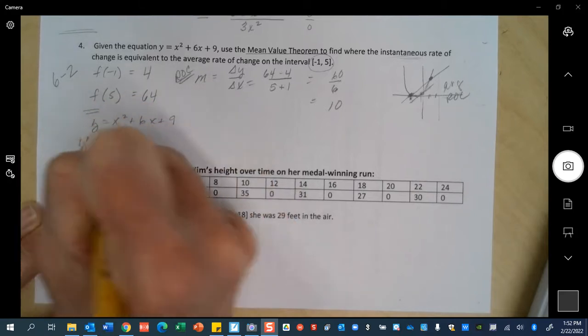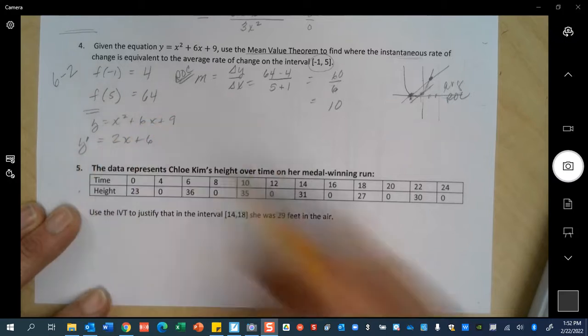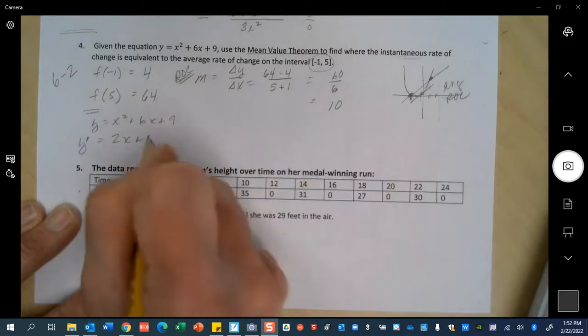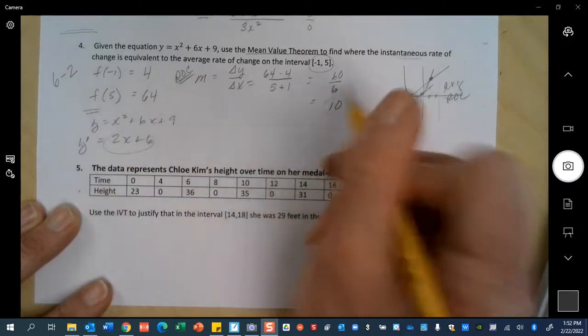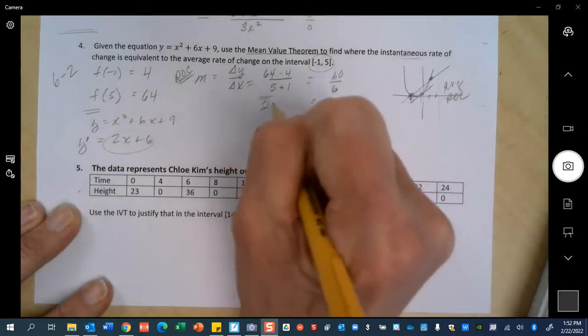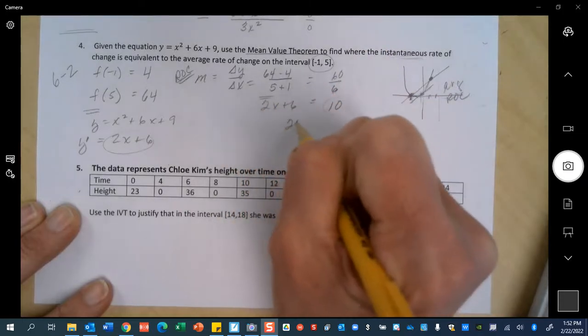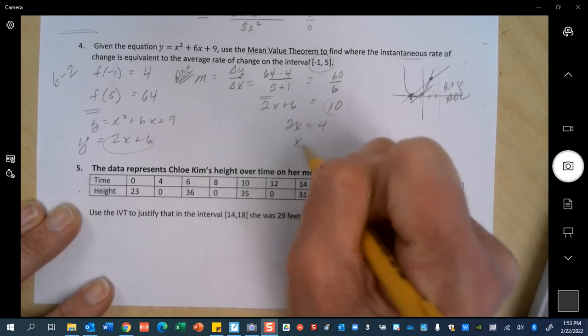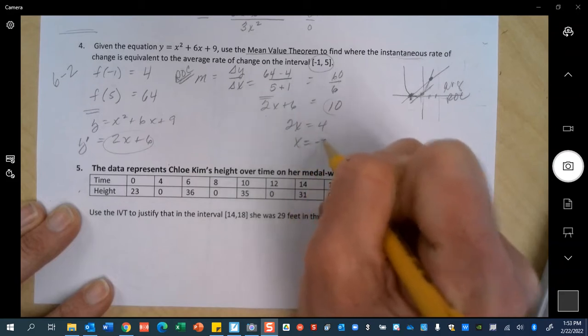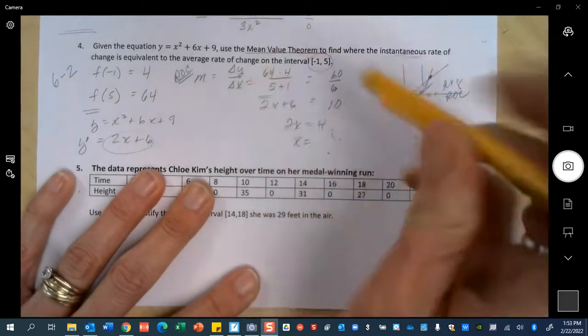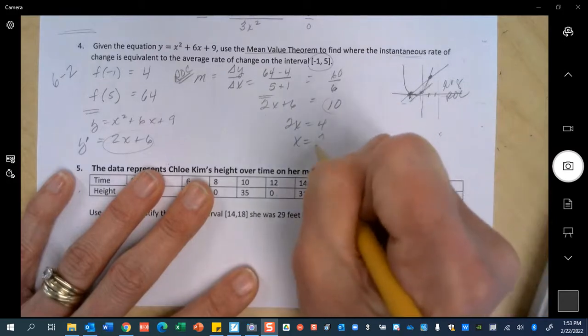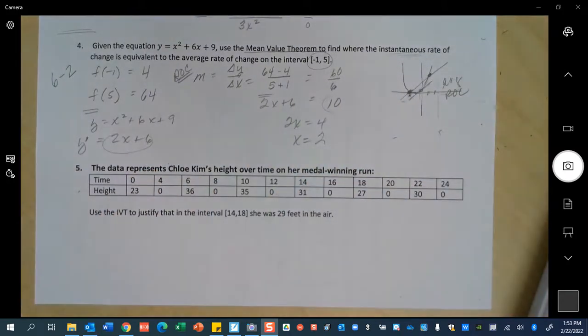I'm going to find the derivative, 2x plus 6, and I'm going to see, hey, when is this equal to that? 2x plus 6, 2x is equal to 4, x is equal to 2, right? So my mean value theorem says there is a time when this average rate of change is going to be the same as the instantaneous rate of change.